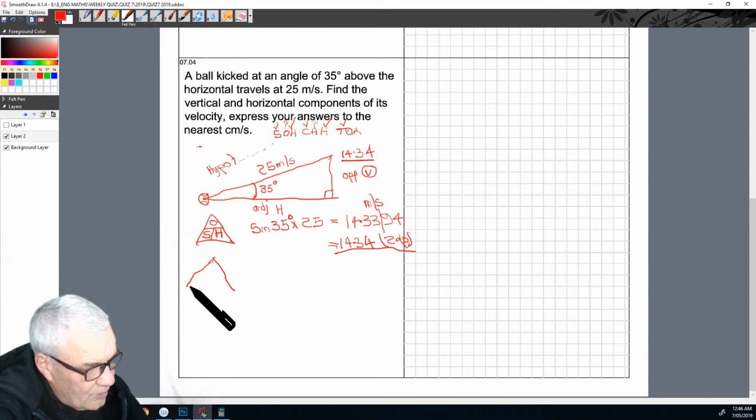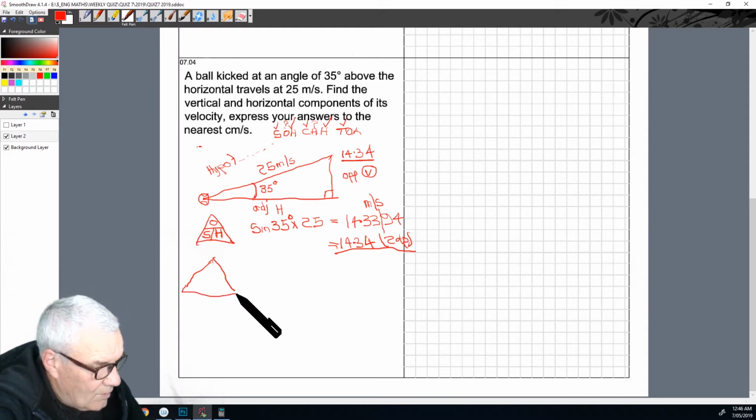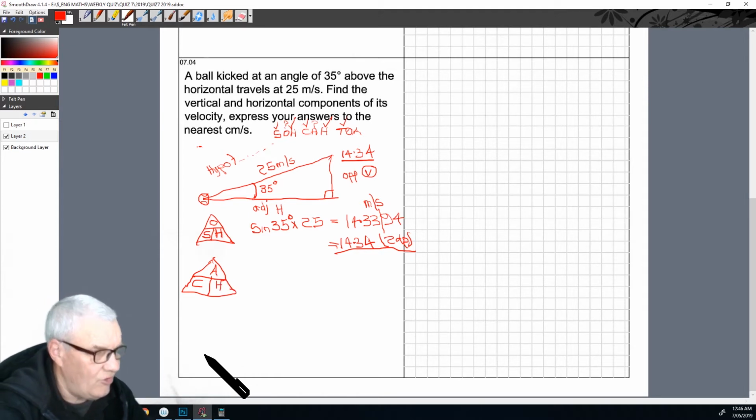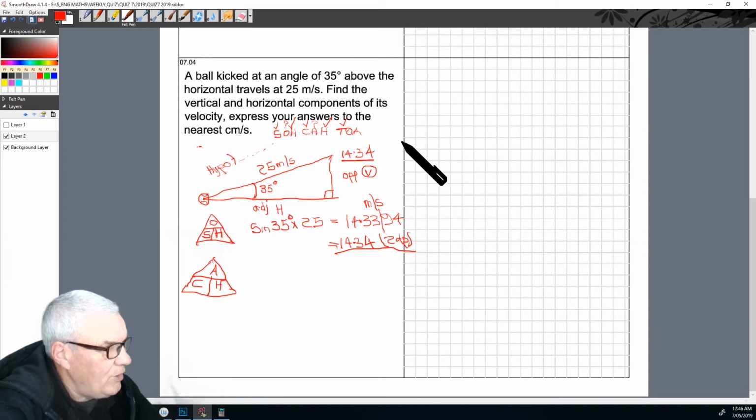All right, so now we do this one here. You don't have to do these, but these are okay. So we want to do the cosine, CAH, adjacent over hypotenuse. These little triangles make the calculation easy. So all you have to do is ask, what do I want to find?